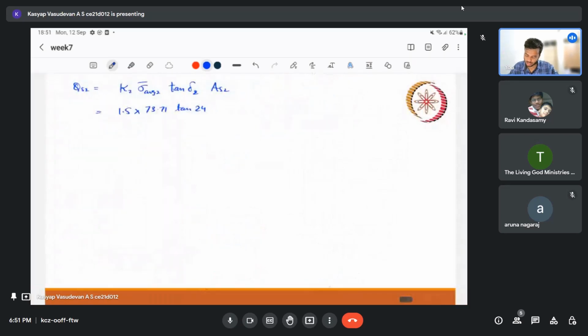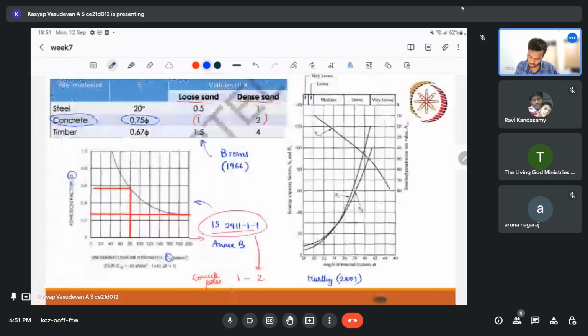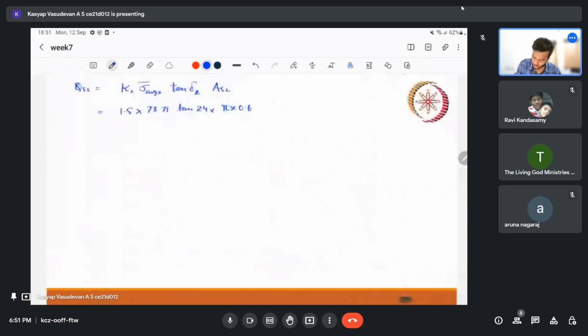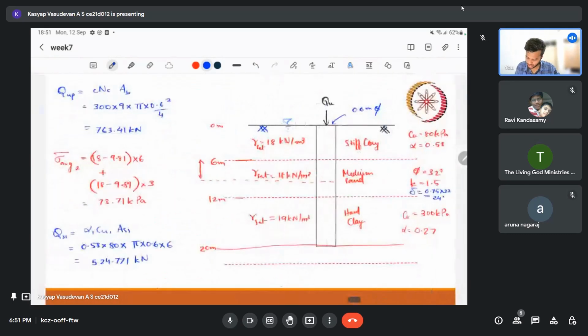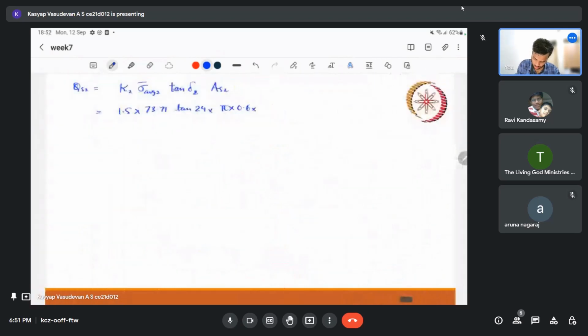So 0.75 we have taken, that is 24, on the safer side. So area is pi into 0.6 into the length of that layer, which is 6 meter again. So we get a value 556.7.